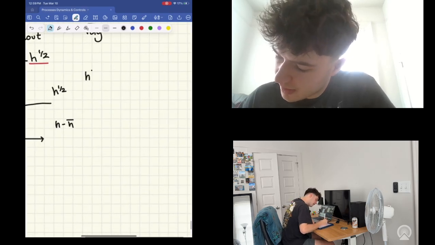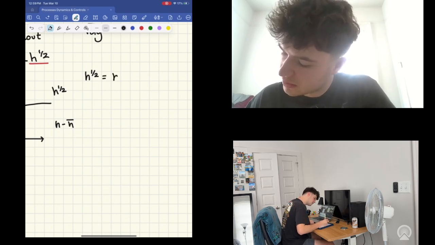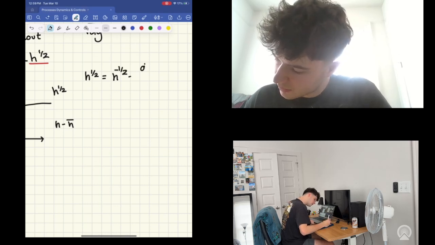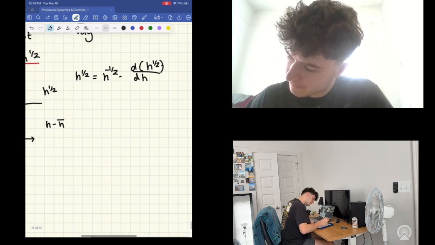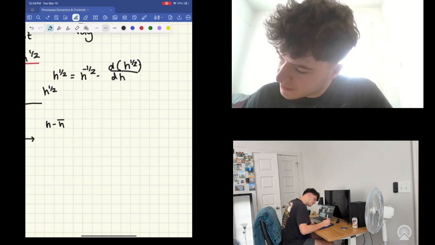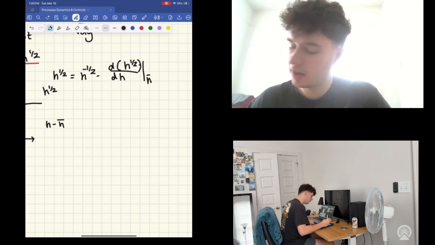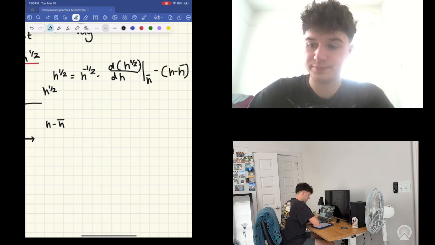So we have h to the 1/2, but you can also rewrite that as h bar to the 1/2 plus the derivative of h to the 1/2 over dh, taken with respect to h bar, times h minus h bar.